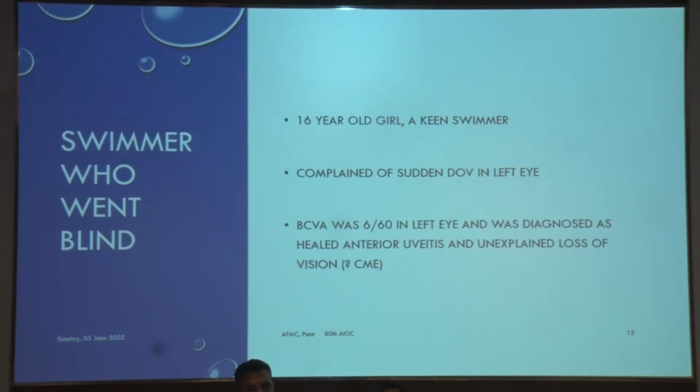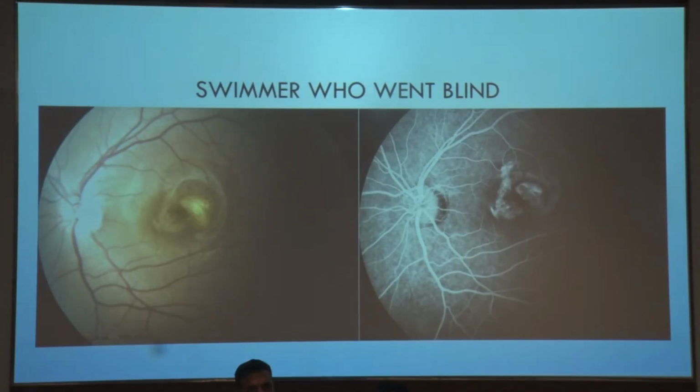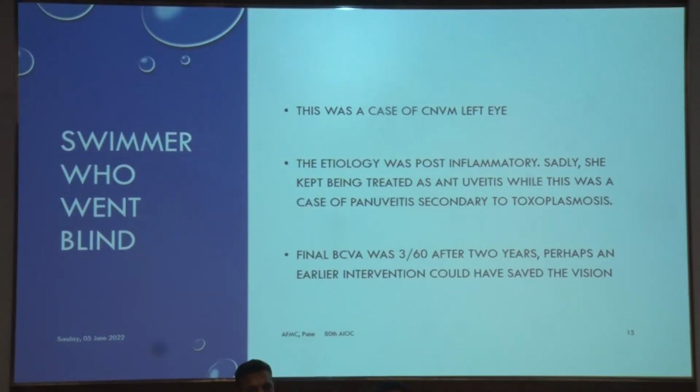Again, a 16-year-old girl who was an aspiring competitive swimmer presented with moderate diminution of vision in one eye and was treated as anterior uveitis with unexplained vision loss, and then again found to have an inflammatory cause, and later on it was found out that it was a CNVM and not just subretinal fluid of some cause.